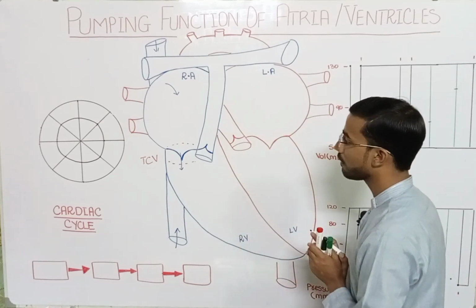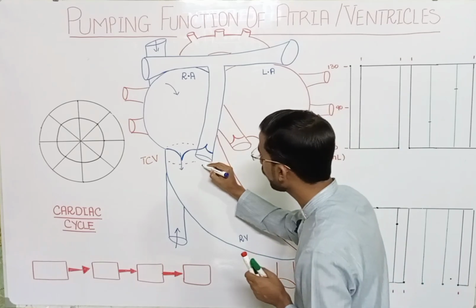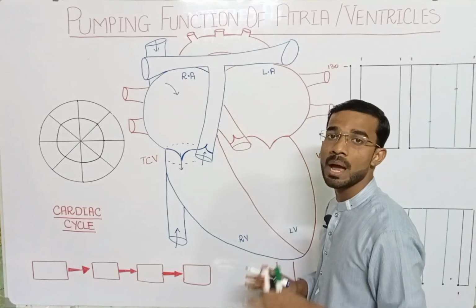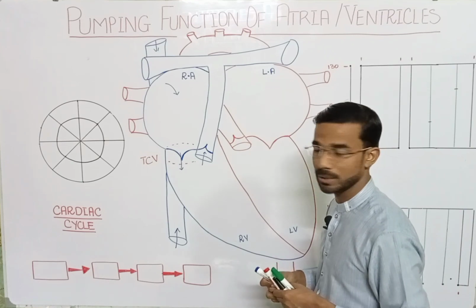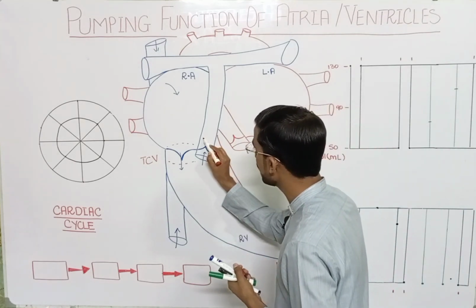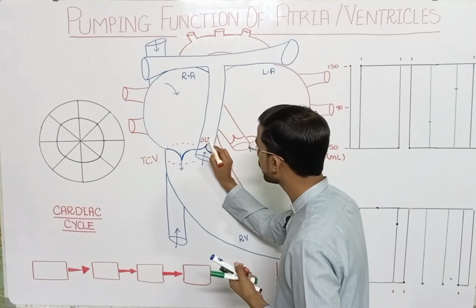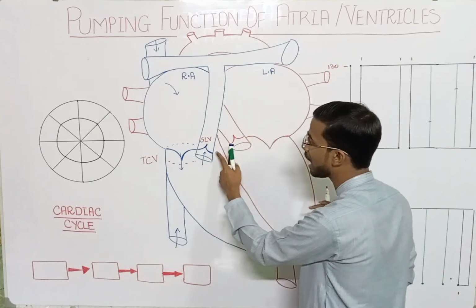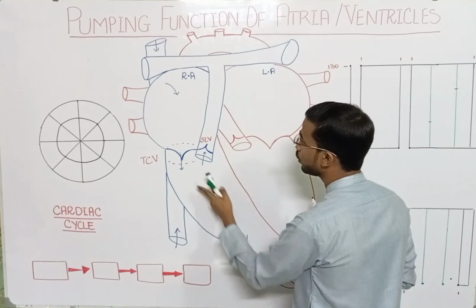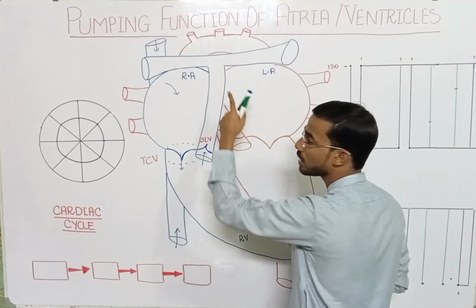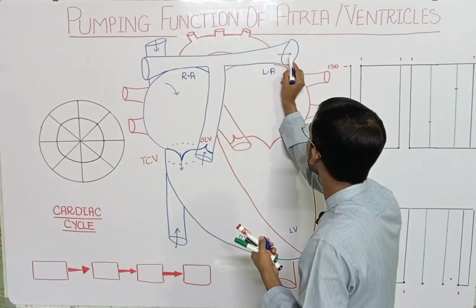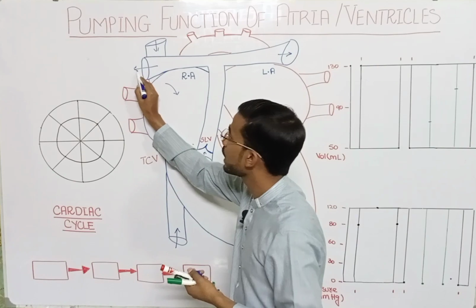And from the right ventricle, blood flows into the pulmonary trunk, or you can say pulmonary artery, through another valve, the semilunar valve. Through the semilunar valve, the blood flows from the right ventricle towards the pulmonary trunk, and through the pulmonary trunk the blood goes towards the lungs.